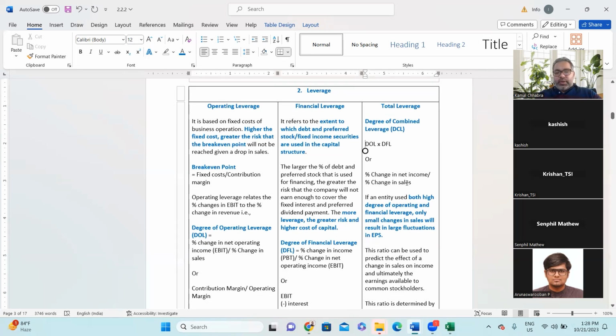Otherwise, how can you calculate this? Change in net income divided by change in sales. Change in income, that is your PBT, divided by change in sales.